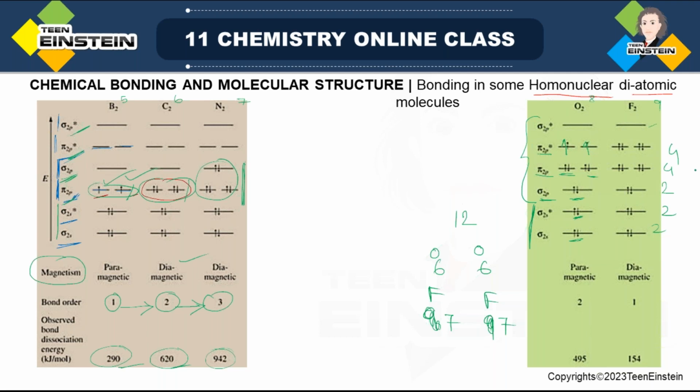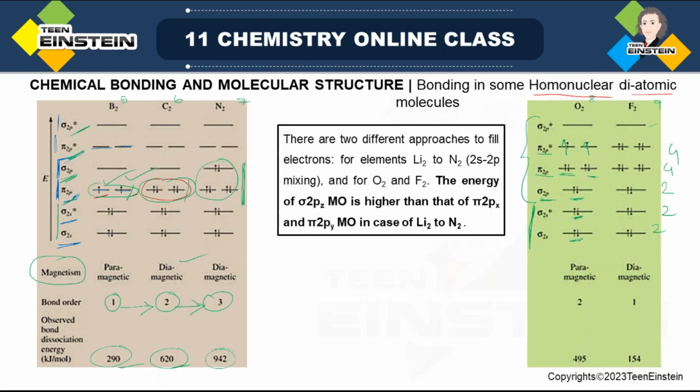So this is big. Here you can see some difference with B2, C2, N2. This is very important information when you actually solve problems based on these molecules. So there are 2 different approaches to fill electrons for elements starting from lithium up to N2. Though lithium is not shown here, you can draw it yourself.